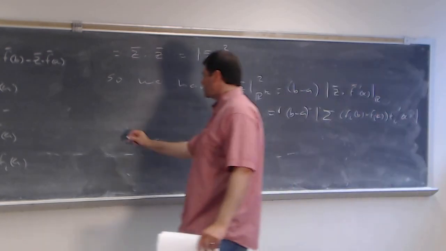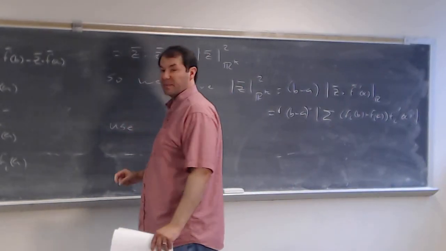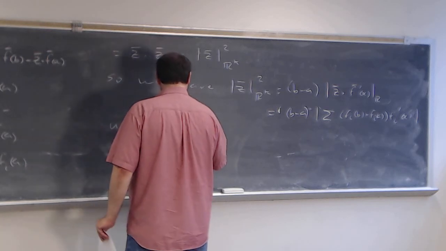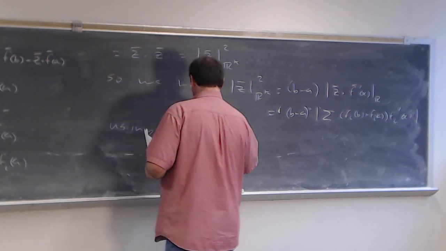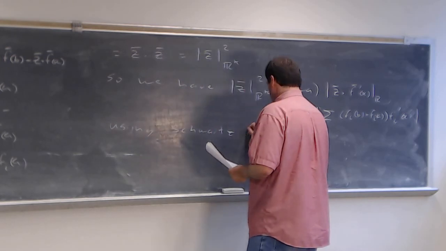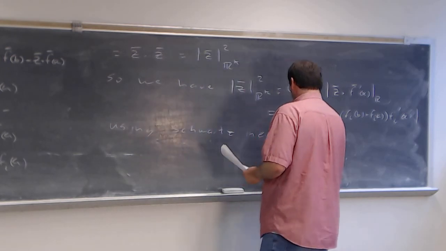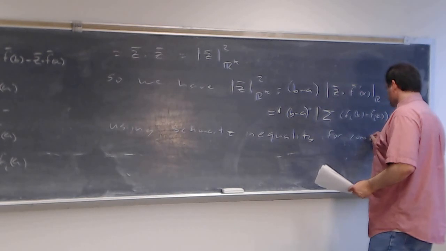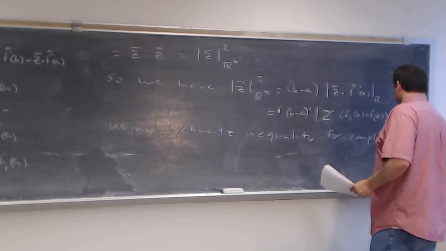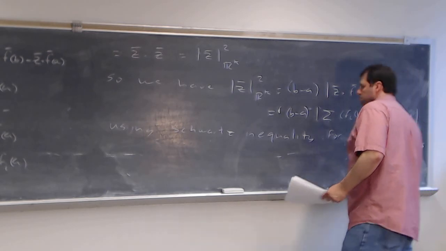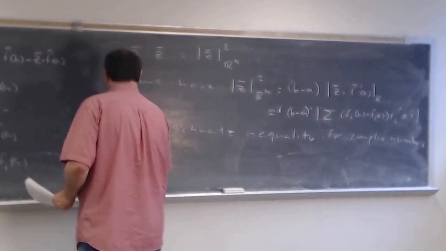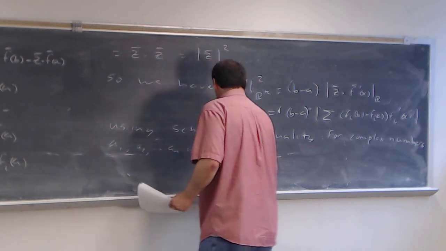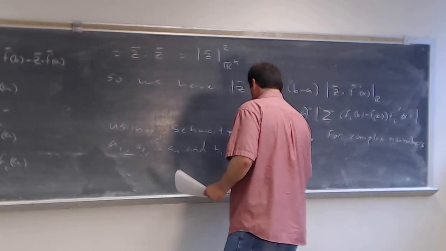So here we use something we proved last time about complex numbers. So using the Schwarz inequality, and this is for complex numbers A1, A2, all the way up to AN, and B1, B2, all the way up to BN.